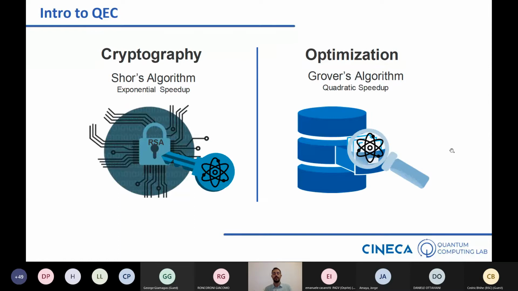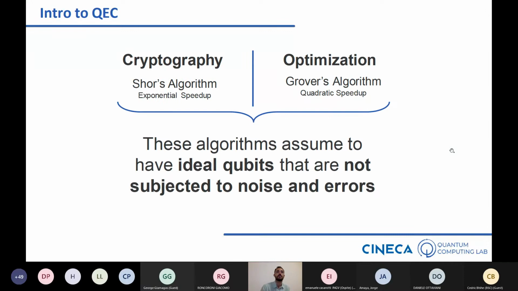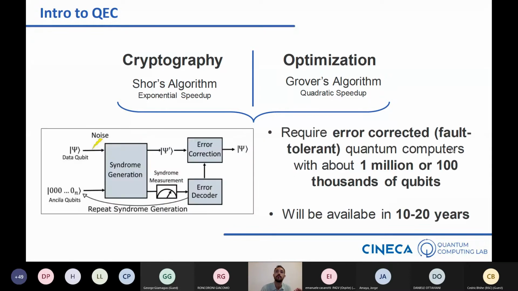As I anticipated before, algorithms like Grover's algorithm or Shor's algorithm, which are the old school, very famous algorithms that came up in the 90s, provide exponential or quadratic speedup. They are great on paper, but they assume that the qubits are working perfectly and are not subjected to noise or errors.